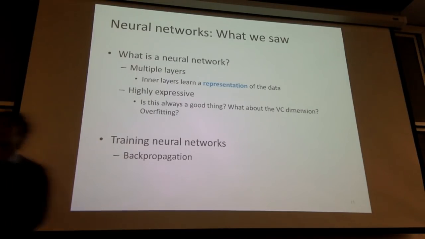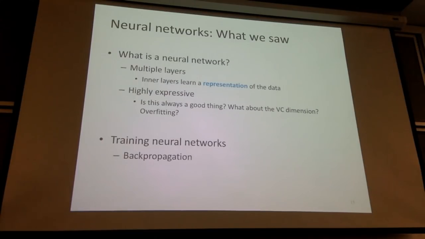What is a good representation needed to train this particular concept? The answer from the neural network universe is that the best representation is the one that's learned. So why ask a designer of the problem to come up with features when we can convert that into a learning problem?